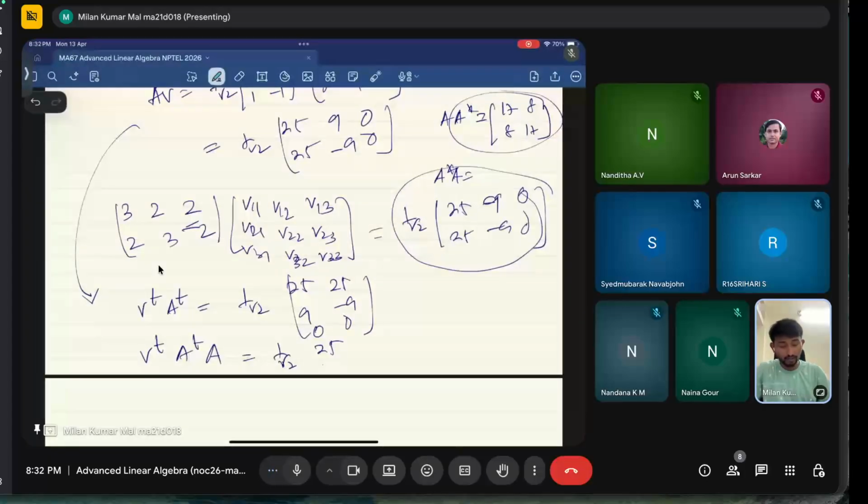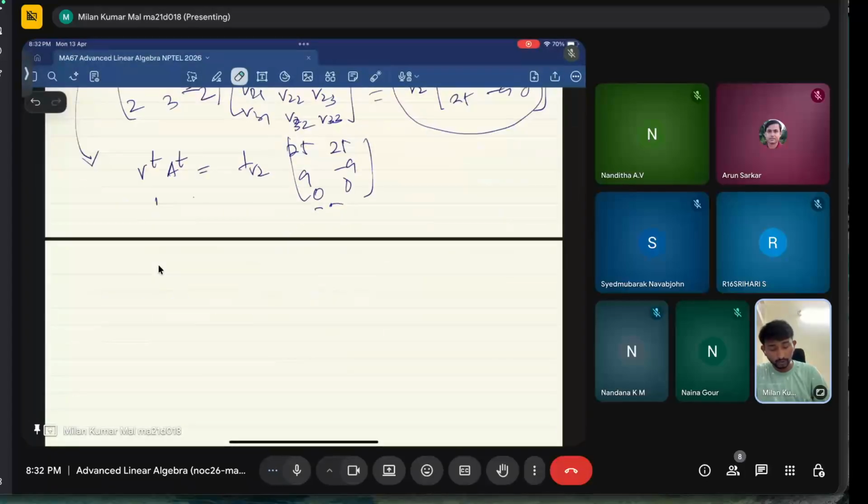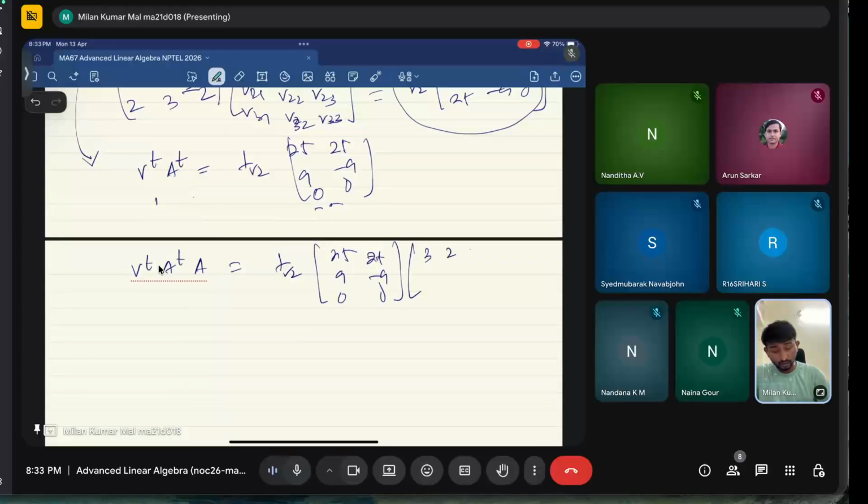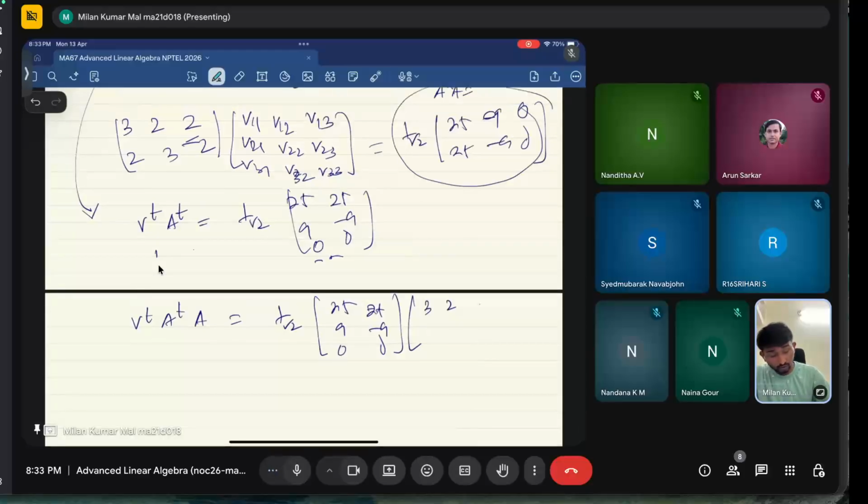Okay, yeah. This way I think it is going to be. So V transpose A transpose A is equal to 1 by square root of 2, 25, 9, 0, 25, minus 9, 0 with A transpose, that is 3 2, 3 2.